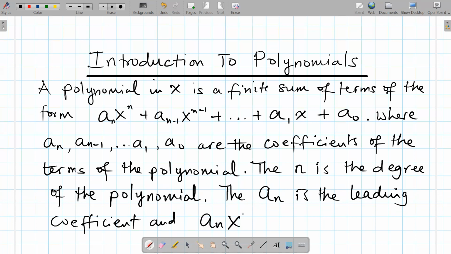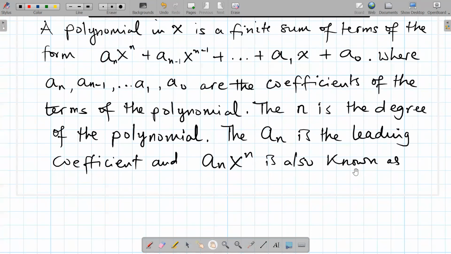And x^n is also known as the leading term. The leading term.